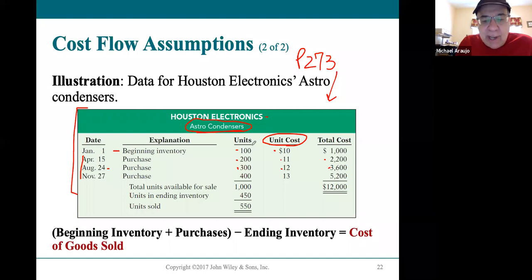After August, as you see, they have 600 of these astro condensers in inventory, right? And they spent a total of $6,800 on inventory, okay? It's important to follow the flow. That's why I'm doing that with you.